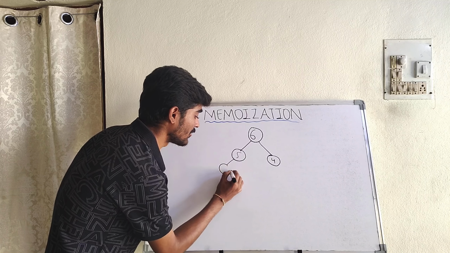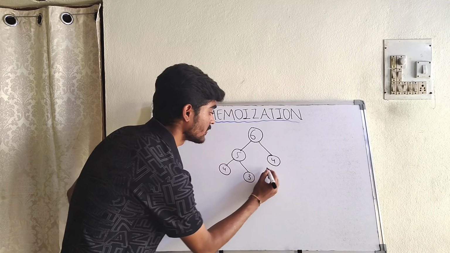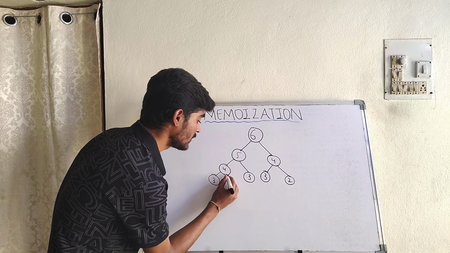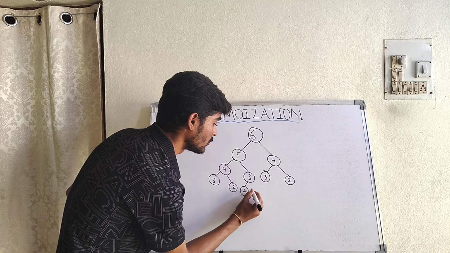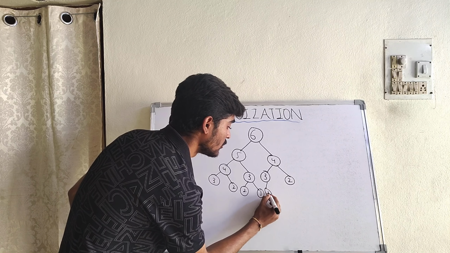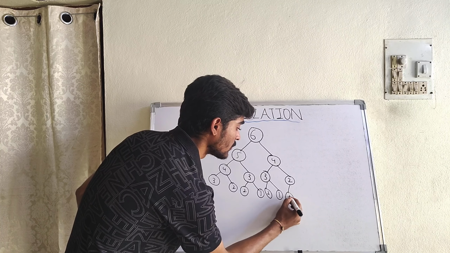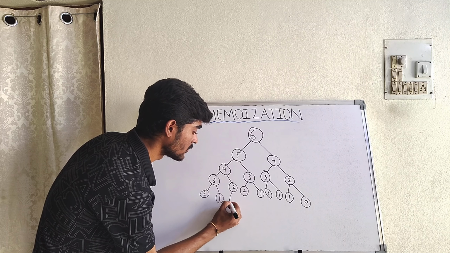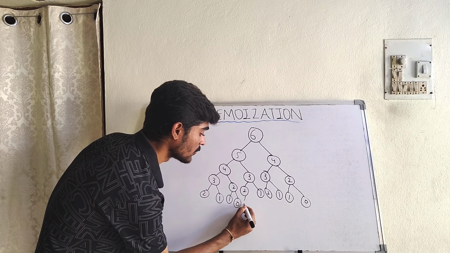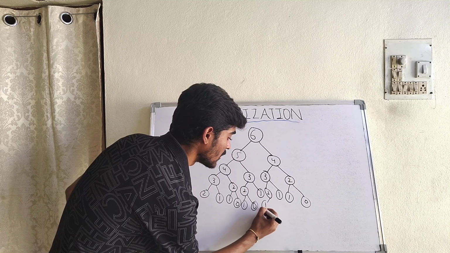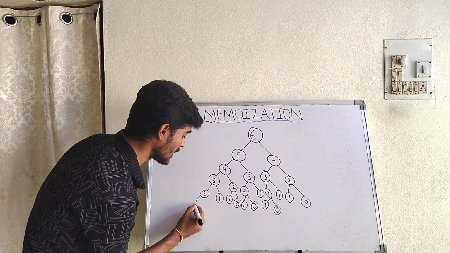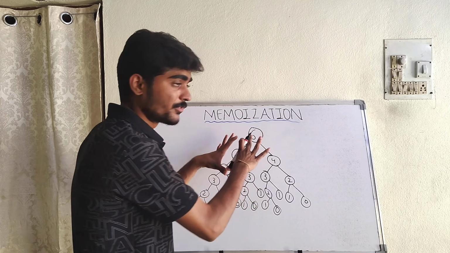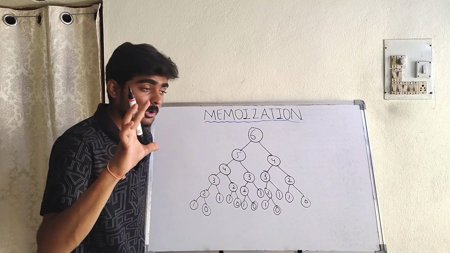Now again Fibonacci of 5, 4, 3, and so on down the tree until we reach 1 and 0. This is my last tree.